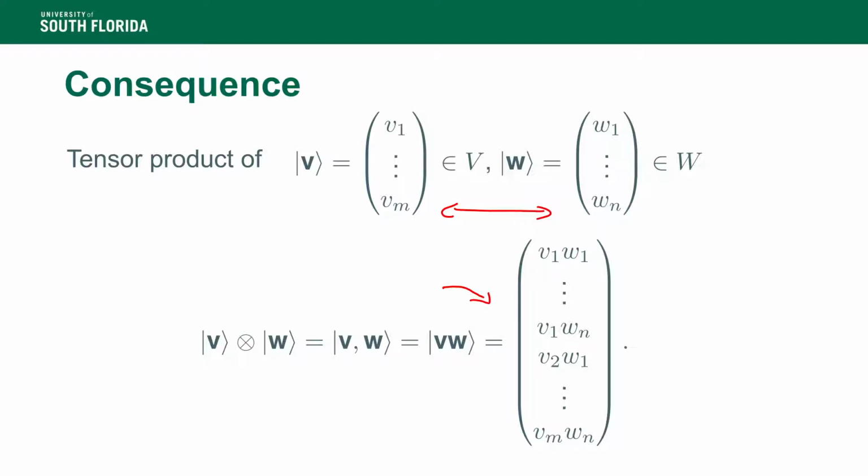Then that gives you a straight up formula to express V tensor W on the canonical basis of C to the nm. And so you just start V1 W1 and then V1 W2 and so on and so forth until you have V1 Wn, and then you move on to V2 W1 and so on until the last coefficient.